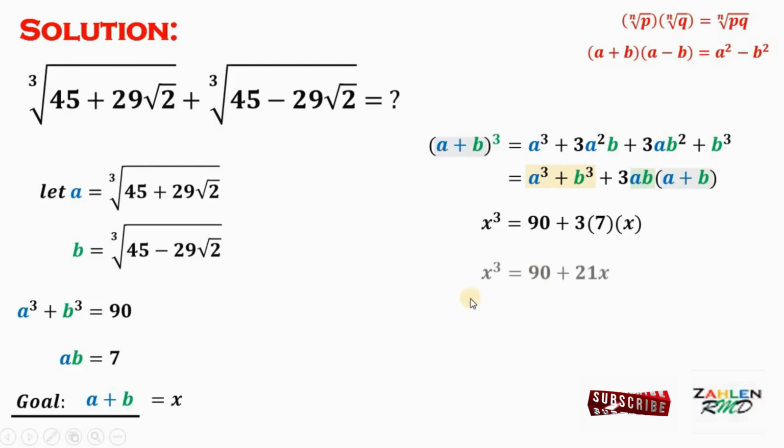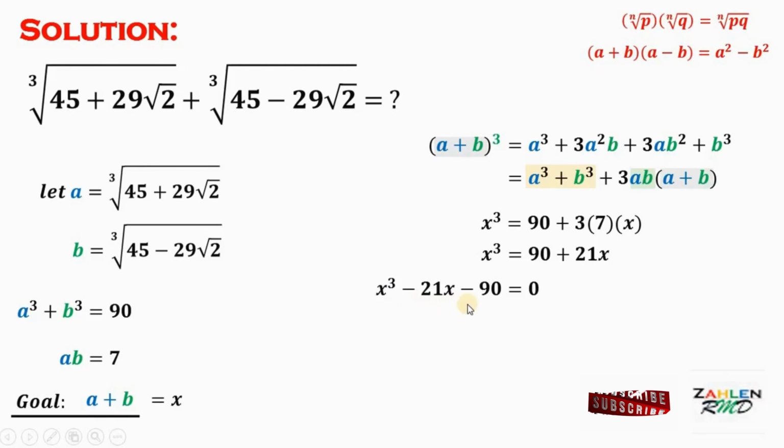Now simplify, and we get X cubed equals 90 plus 21X. Next, equate to 0, and we get X cubed minus 21X minus 90 equals 0. Next, replace negative 21X by negative 36X plus 15X. Now the question is, why do we choose negative 36X and 15X?